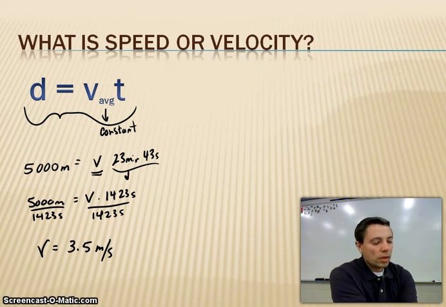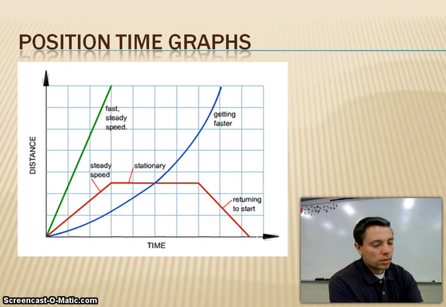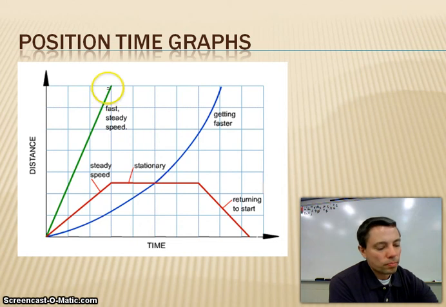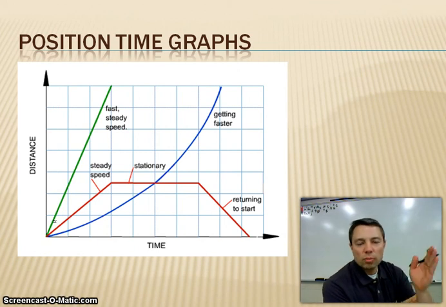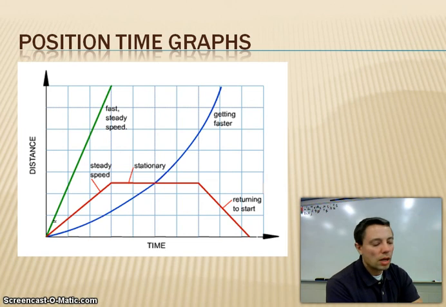The one thing that I want to do here is look at position time graphs and some various things that we could look at. You can see the green one has a nice slope. It's a fairly steep slope, and the steeper the slope we get, that just means that we're traveling at a faster rate, because a bigger slope is a bigger speed or a bigger velocity.